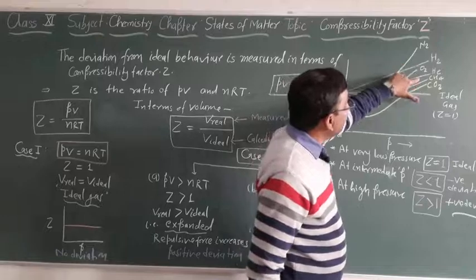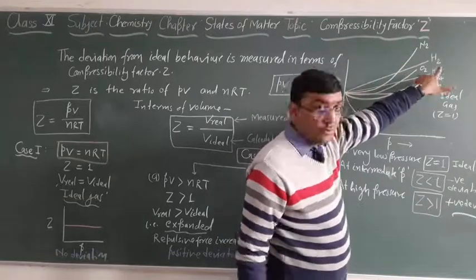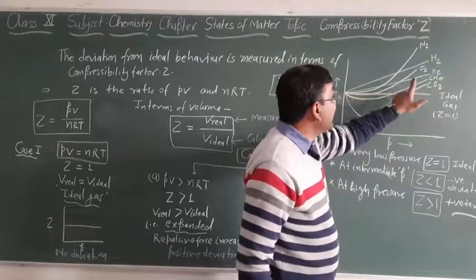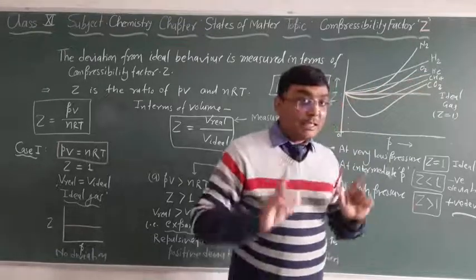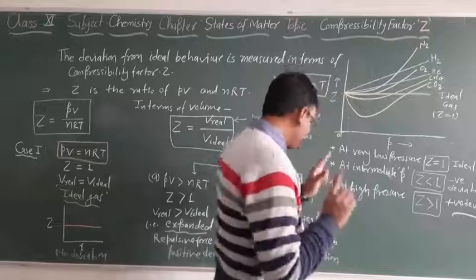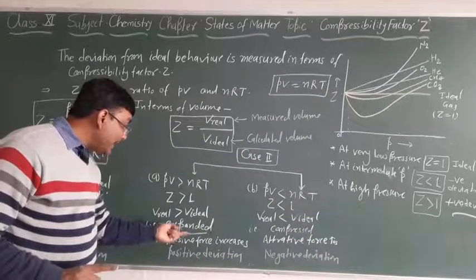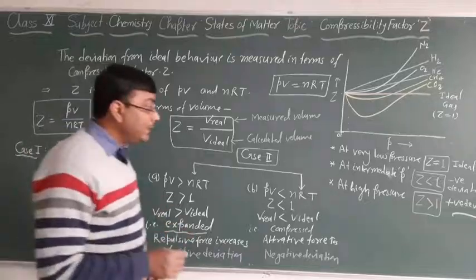Now one important factor I am going to discuss with you. See, hydrogen and helium always show positive deviation. Means the value of Z for hydrogen and helium is always greater than 1, means they cannot be compressed.